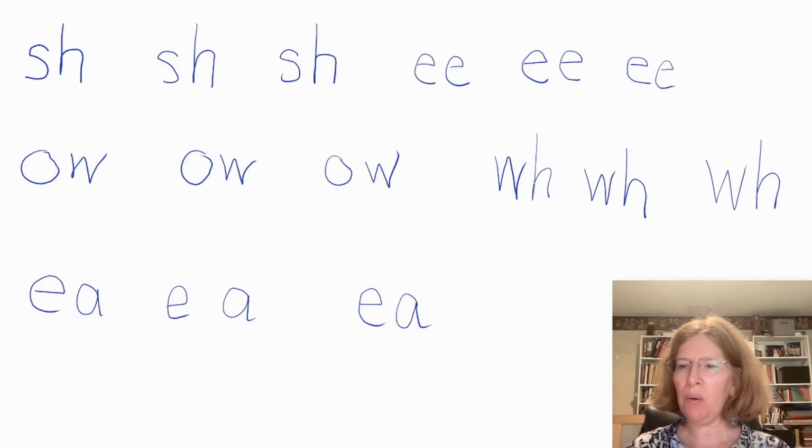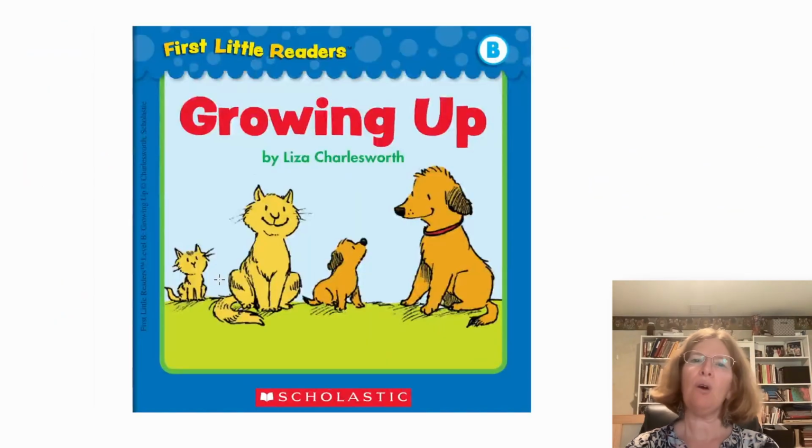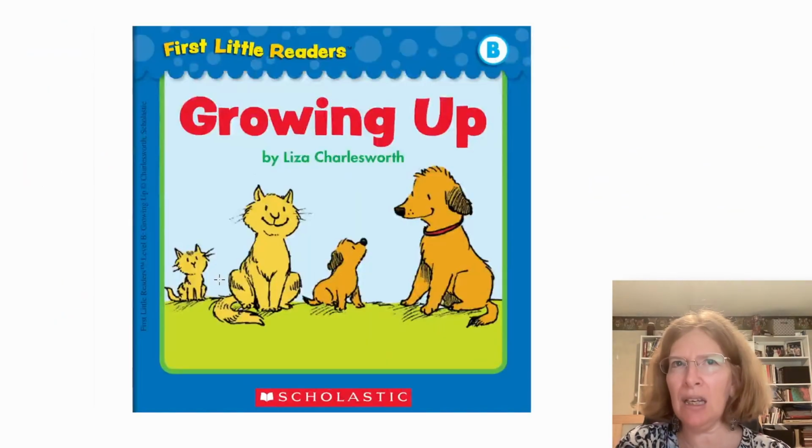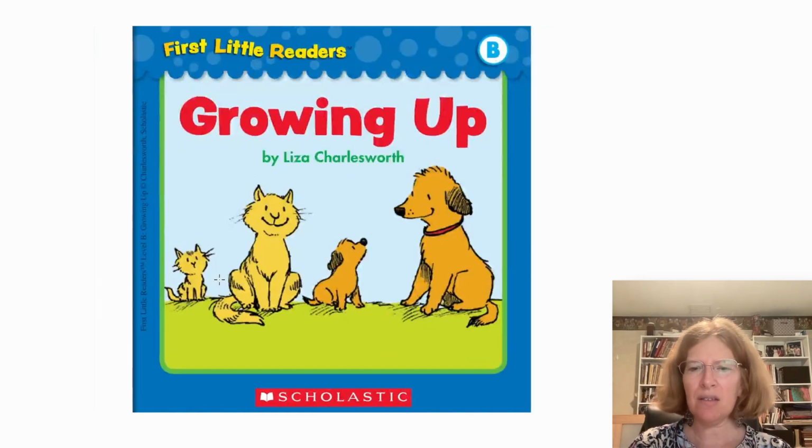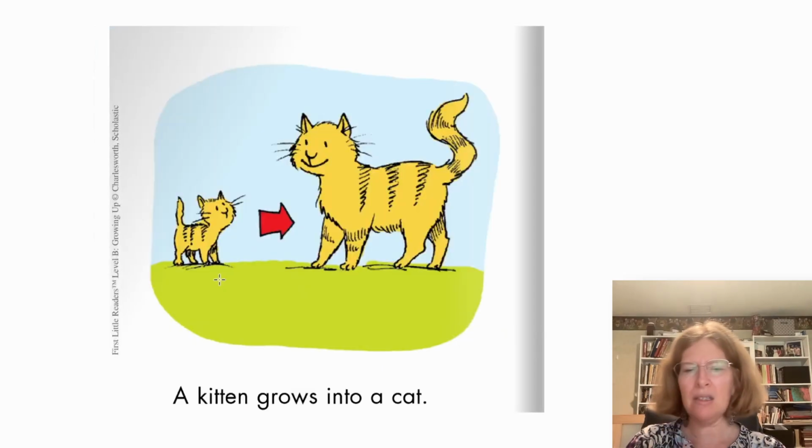Now, the words that we are going to use today are taken from the book Growing Up by Lisa Charlesworth. This is a beginning reader, and it's very simple when you see it. And you can see a kitten grows into a cat. Now, A says ah.